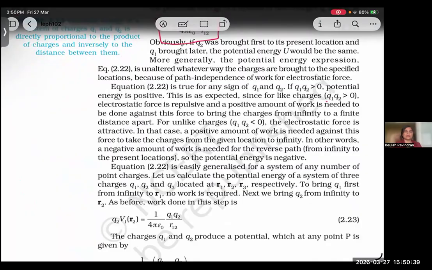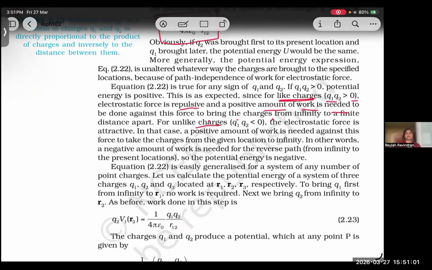Q1 and Q2 may be greater than 0, that is, the electrostatic force is repulsive, and a positive amount of work is needed. If it is repulsive, positive work has to be done against this force to bring the charges from infinity to a finite distance, for like charges.